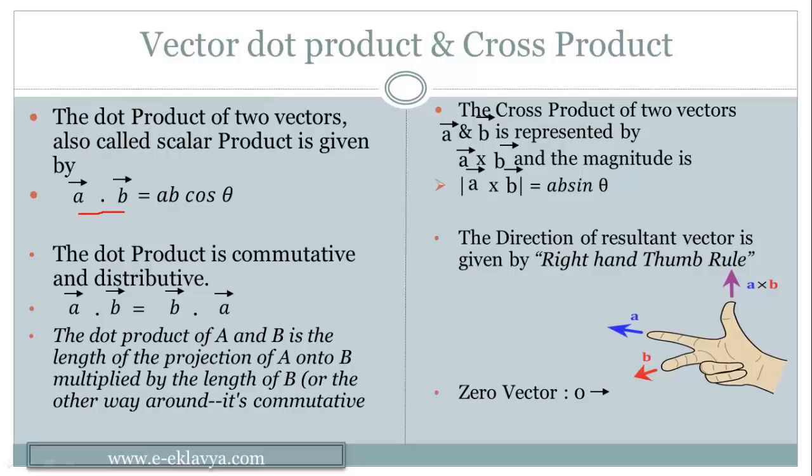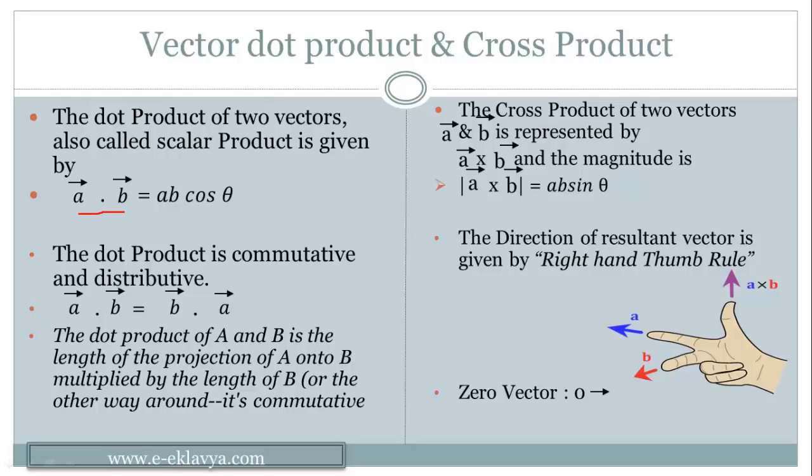And some of the properties of dot product are that it is commutative and distributive. So A dot B equals B dot A, similarly A dot (B plus C) equals A dot B plus A dot C, that is the distributive property.